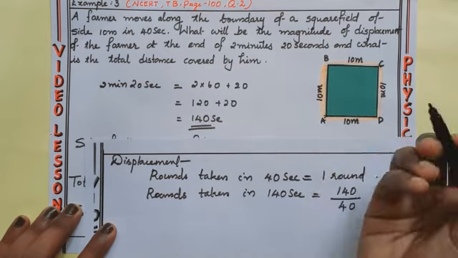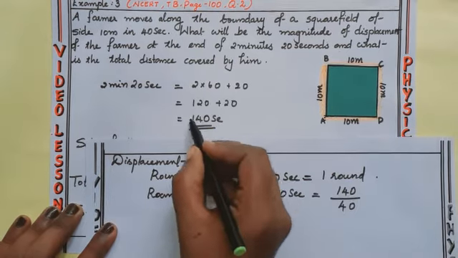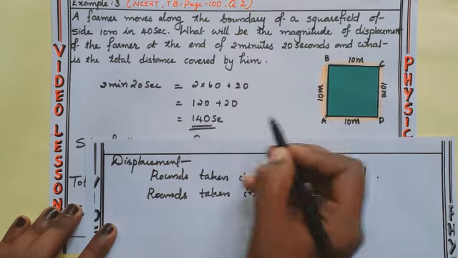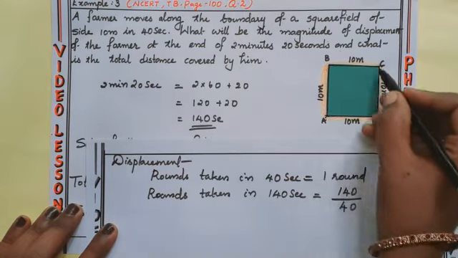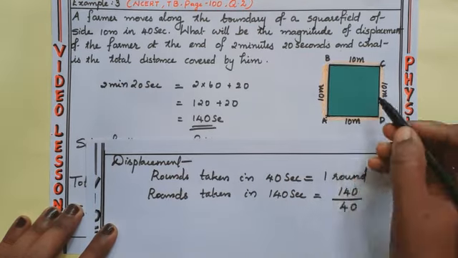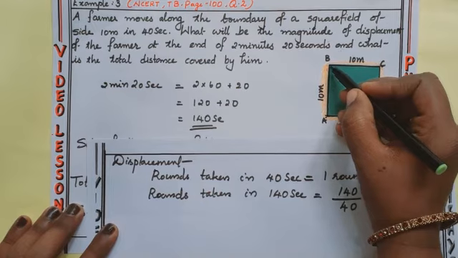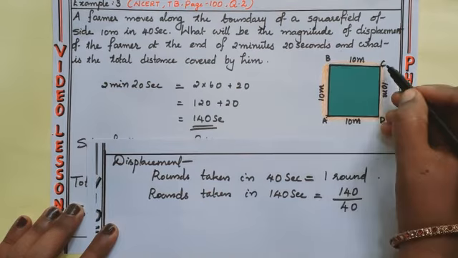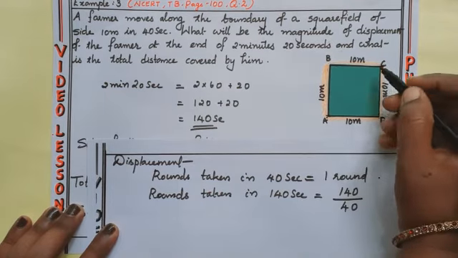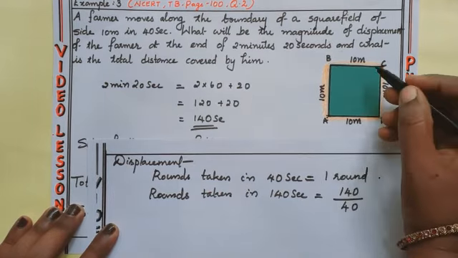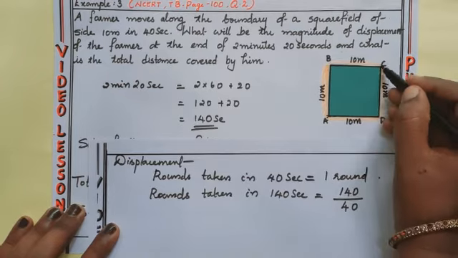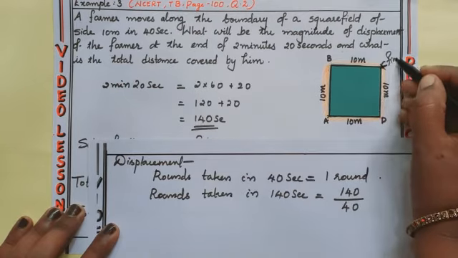And 20 seconds is balanced, out of the 140 seconds. In 120 seconds he covered 3 rounds. For the balanced 20 seconds, he goes from A to B, then B to C. In 20 seconds he takes half of the round, A to B to C. This is his final position.